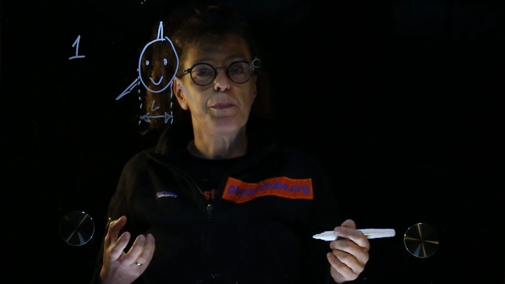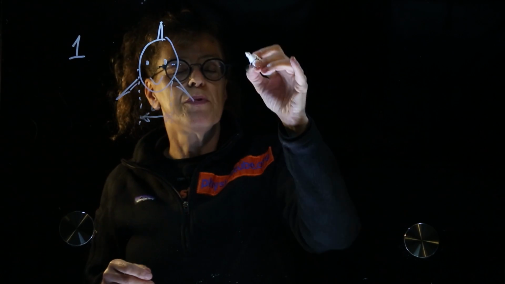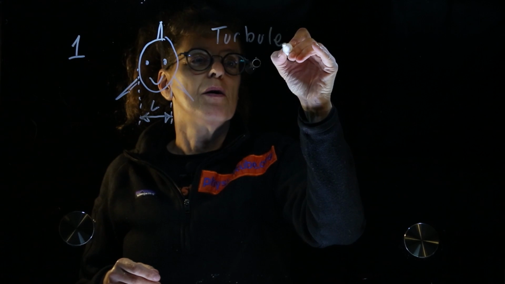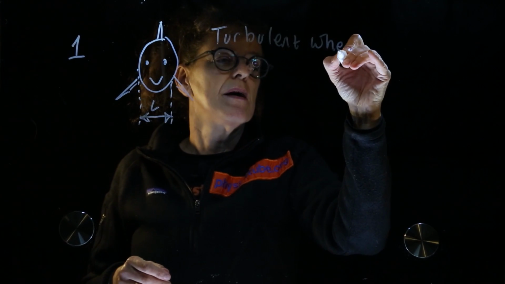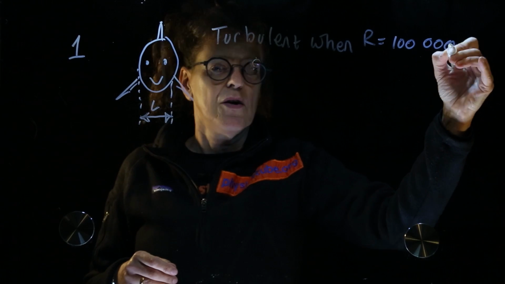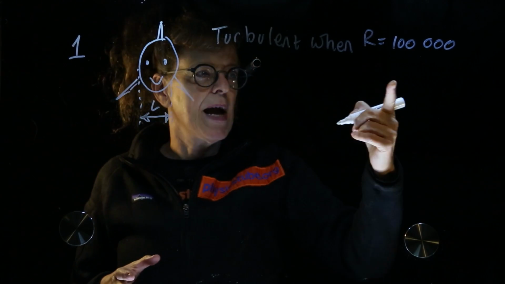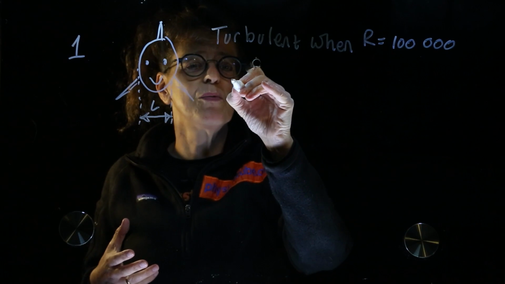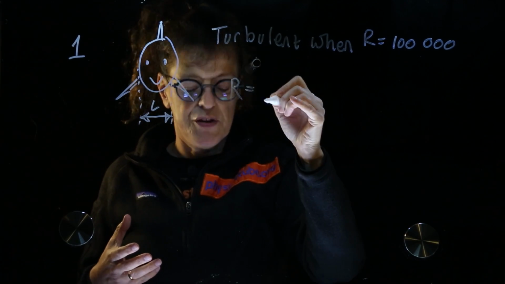This fish will have a boundary layer that becomes turbulent when R equals 100,000. So we can take that as a limit case, and we've got the equation for a Reynolds number.